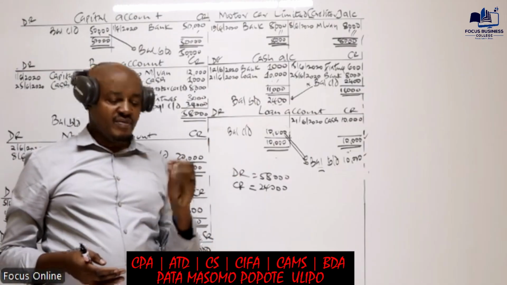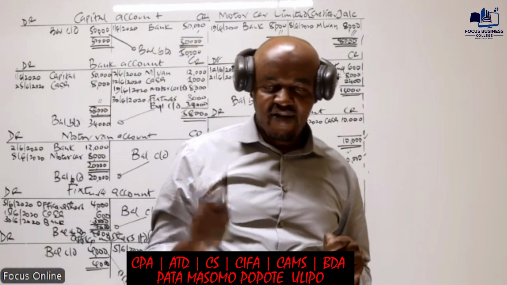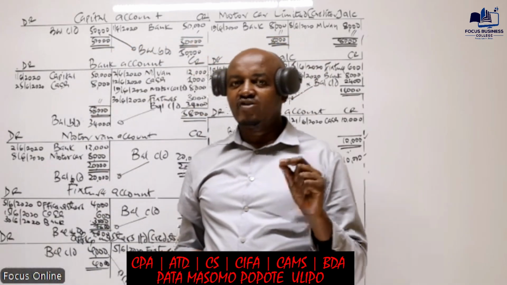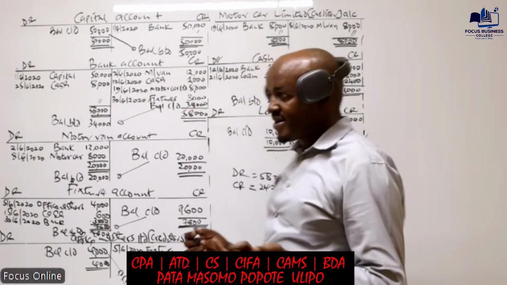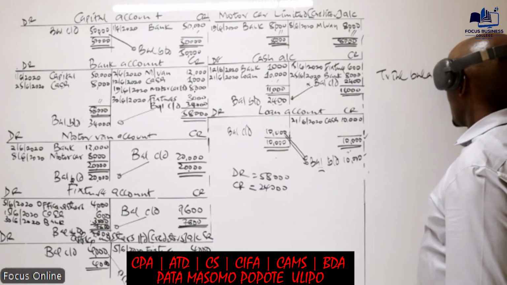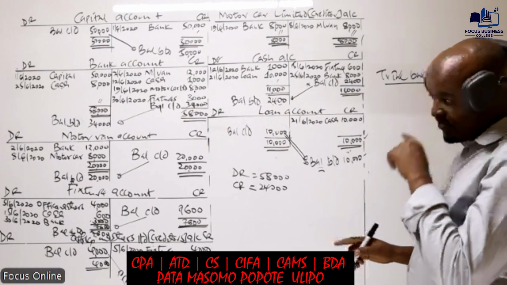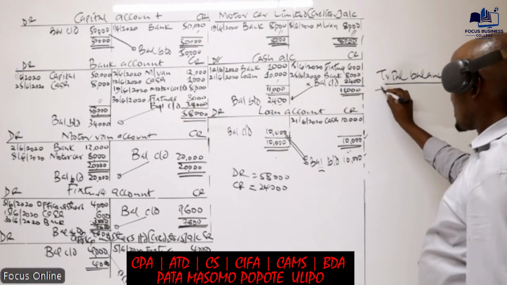But if you remember from our accounting cycle, we said before you prepare the financial statements, we must first of all come up with something called a trial balance. I want to show you how to prepare a trial balance, but even before we prepare a trial balance, what is a trial balance first of all?